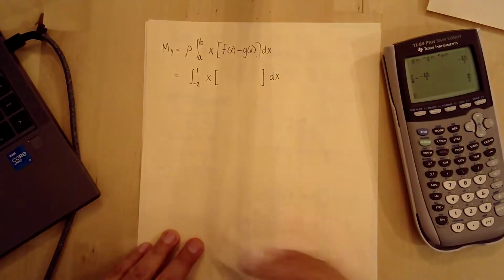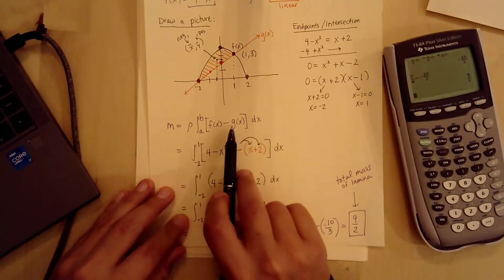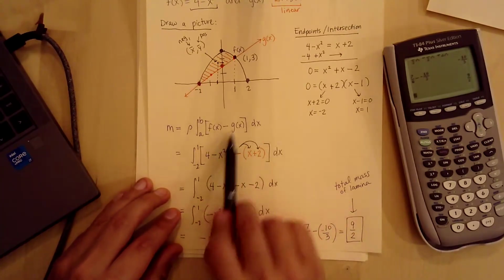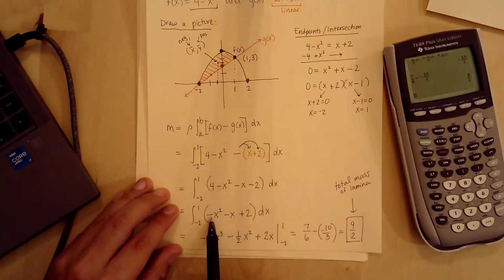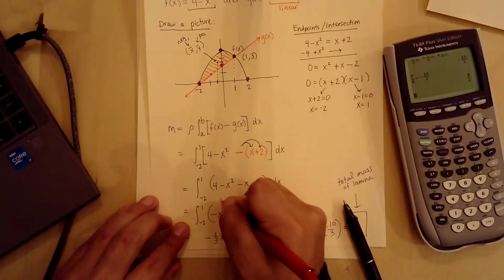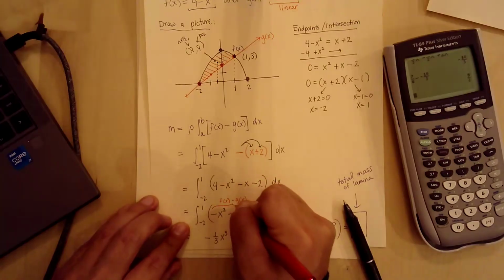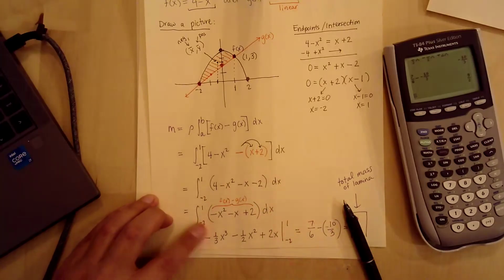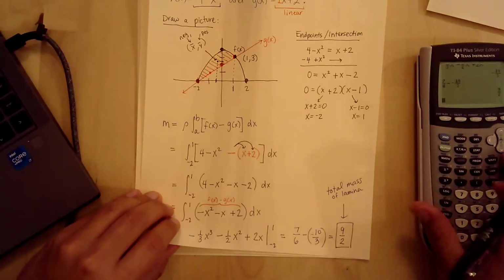But just to save ourselves the heartache here, we already did f minus g, right? When we did that algebra, we distributed the negative sign, we combined like terms. This is f minus g right here. F of x minus g of x is all this jazz in these parentheses. So I'm just going to copy that over to save us a little bit of time.